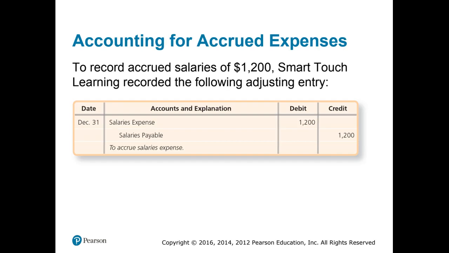To record accrued salaries of $1,200, Smart Touch Learning recorded the following adjusting entry. To accrue salaries of $1,200, we're going to debit salaries expense and credit salaries payable. And the note is to accrue salaries expense.